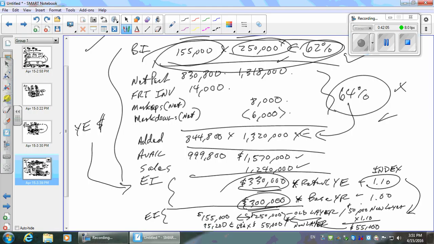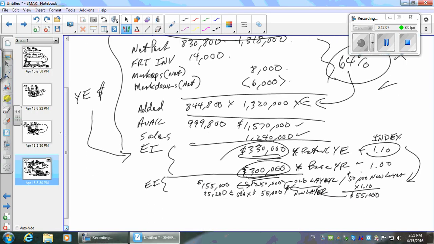And what do you have now for your ending inventory? 155 old layer, right? And 35.2 new layer. And what do they add up in total? That's it. Wow. 190,200. And believe it or not, that is the answer.